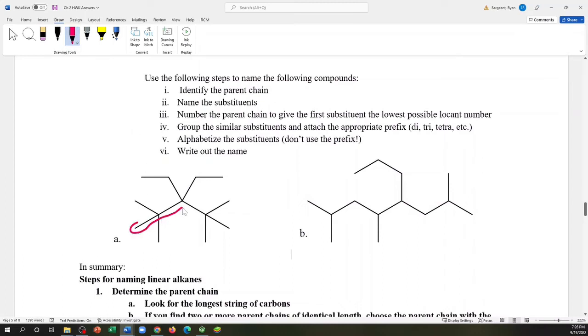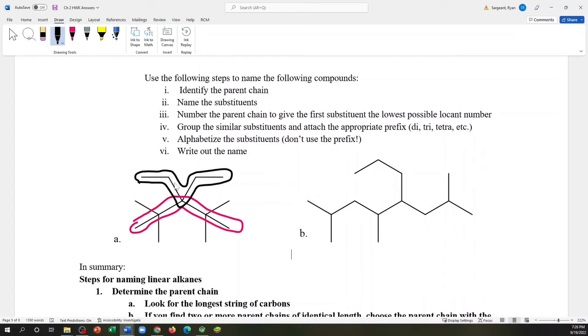So here is pink as a potential parent chain that has 1, 2, 3, 4, 5 carbons, and let's compare it to black. And I'm going to use this one right here. It's not the only one I can compare it to, but it illustrates the point. Both the black parent chain and the pink parent chain have a total of 5 carbons.